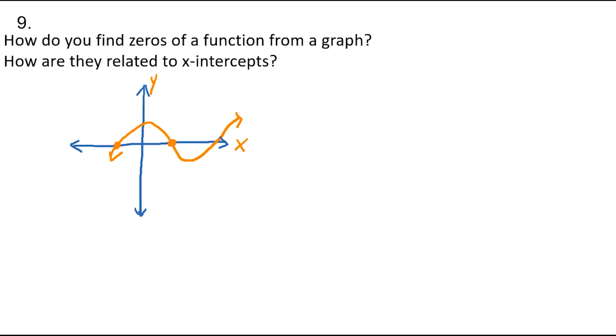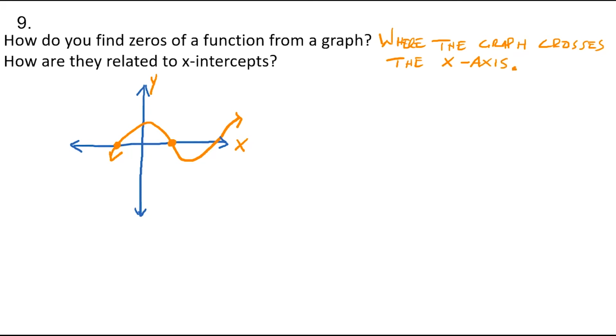So if you're looking at a graph and you want to find the zeros of a function, let's sum this up: just look to see where the graph crosses the x-axis.